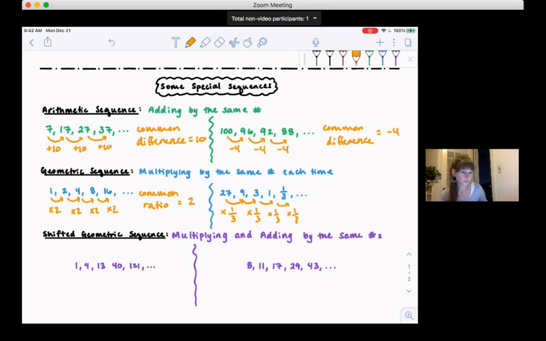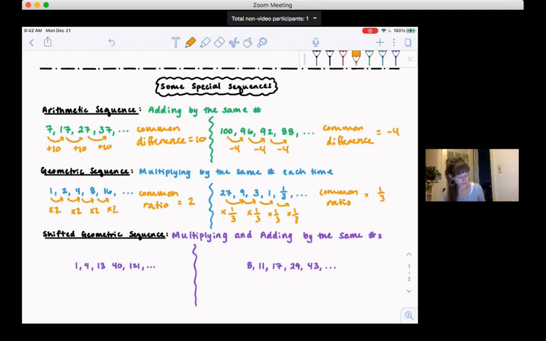So we're always multiplying by 1/3. So in this case, we would have a common ratio of 1/3. If you see a sequence that appears to be dividing by the same number every time, it's a geometric sequence and the common ratio is a fraction. So if you're dividing by 3, common ratio 1/3. If you're dividing by 7, common ratio 1/7.